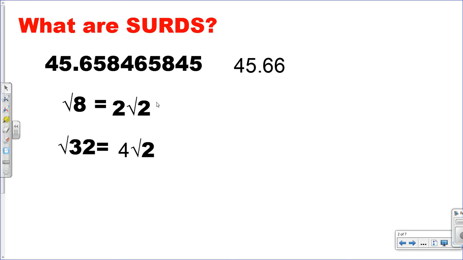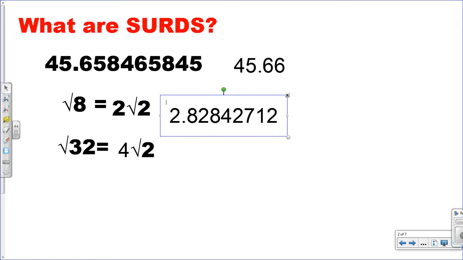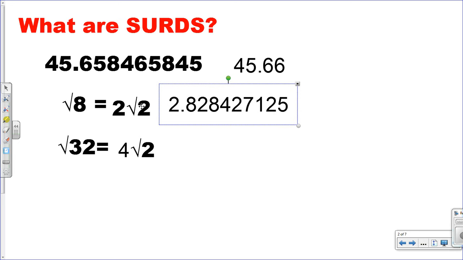This number here is the simplified version of square root 8. And if you were then to press the SD button at that point, you would get 2.828427125.